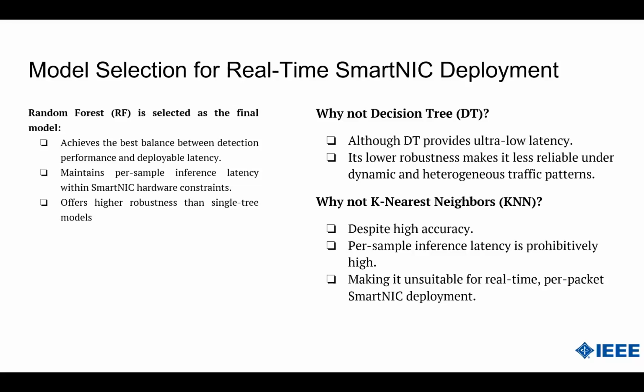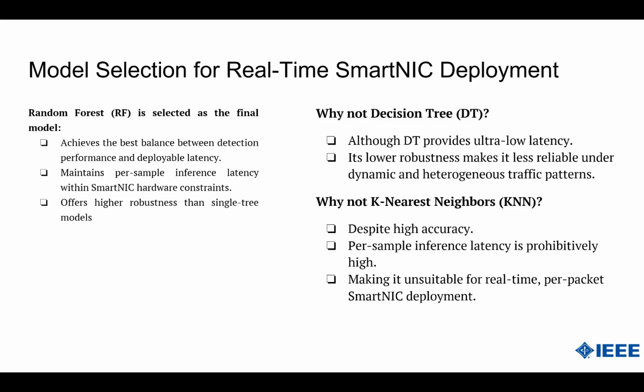Based on these results, we select our final model. Random forest is selected as the final model, achieving the best balance between detection performance and deployable latency, maintaining per-sample inference latency within SmartNIC hardware constraints, and offering higher robustness than single-tree models. Why not decision tree?